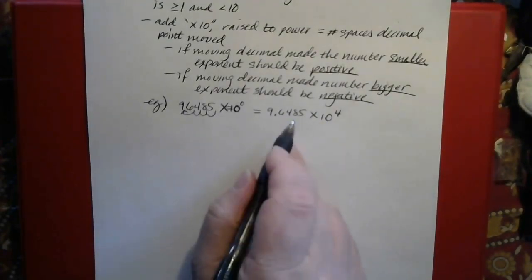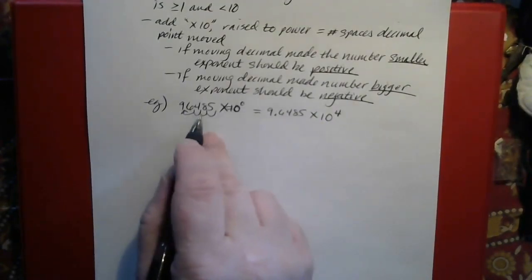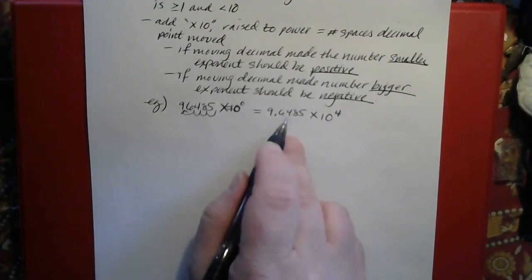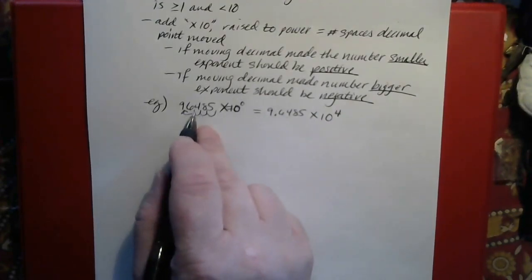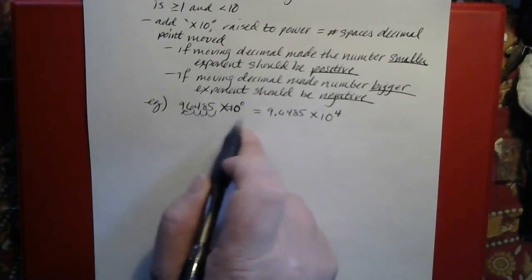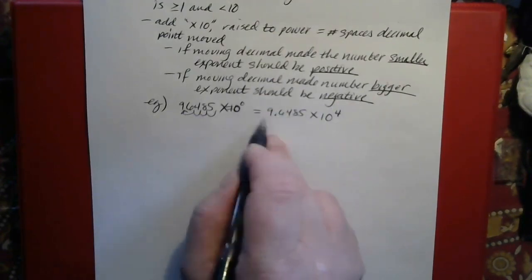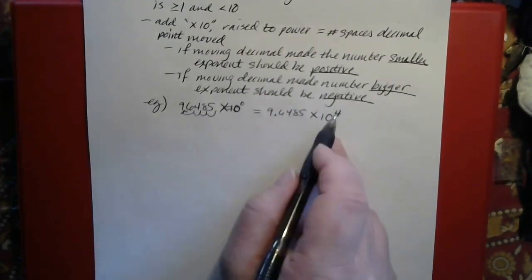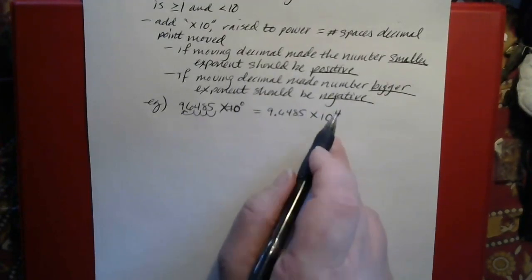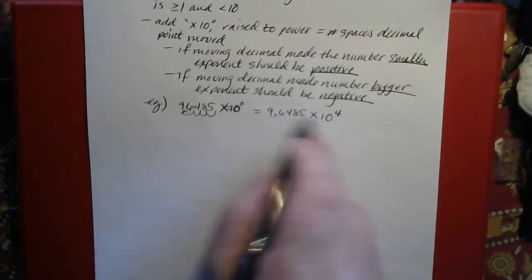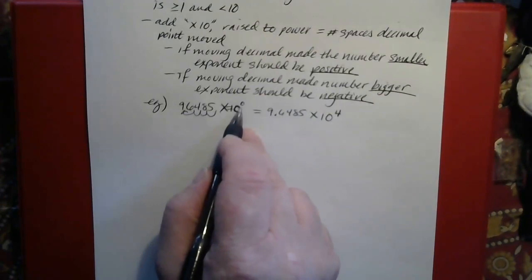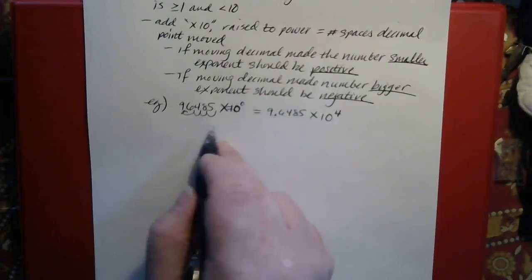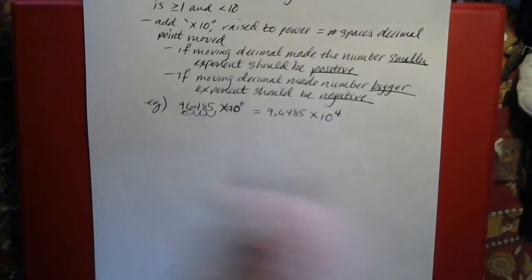And because moving the decimal point made the number smaller, 9.6485 is definitely smaller than 96,485. So we made the first part of the number smaller, so we have to make the second part, the exponent, bigger to compensate. And plus 4 is definitely bigger than 0. So these two numbers are equivalent to each other.